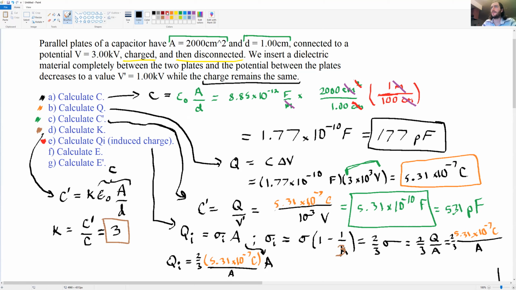And the two A's cancel. Nice, we didn't even have to worry about the units or even plugging A in. Just canceled out. And then if you remember, this 5.31 divided by 3 is 1.77, and then you multiply that by 2, right? So you're going to get 3.54, right? And that would be our final answer.